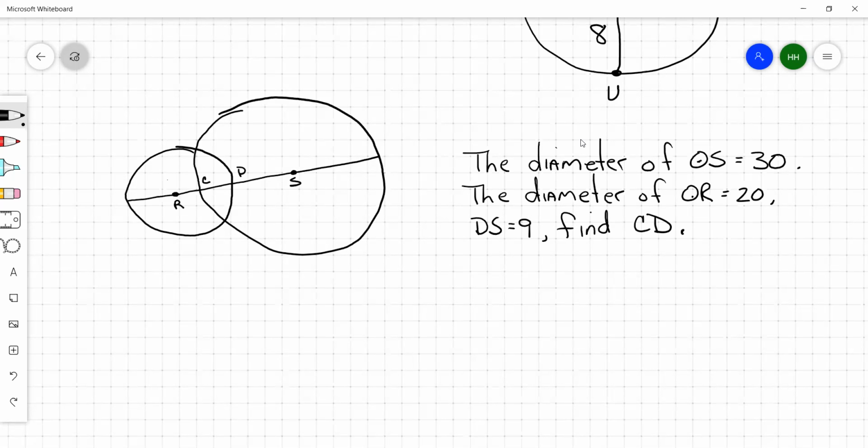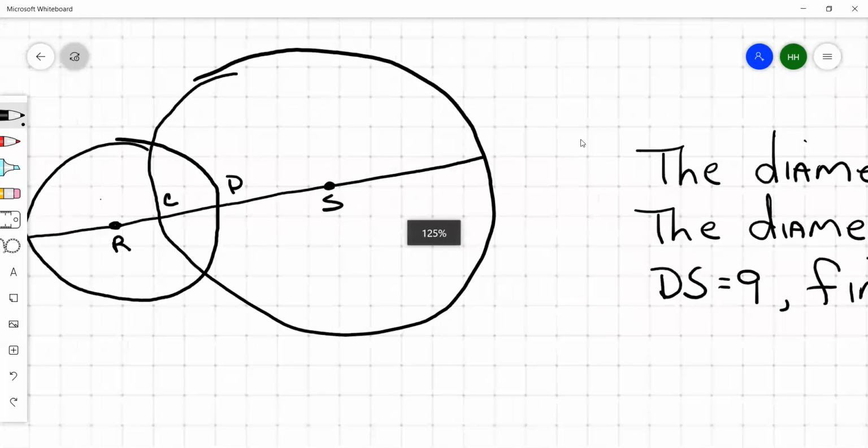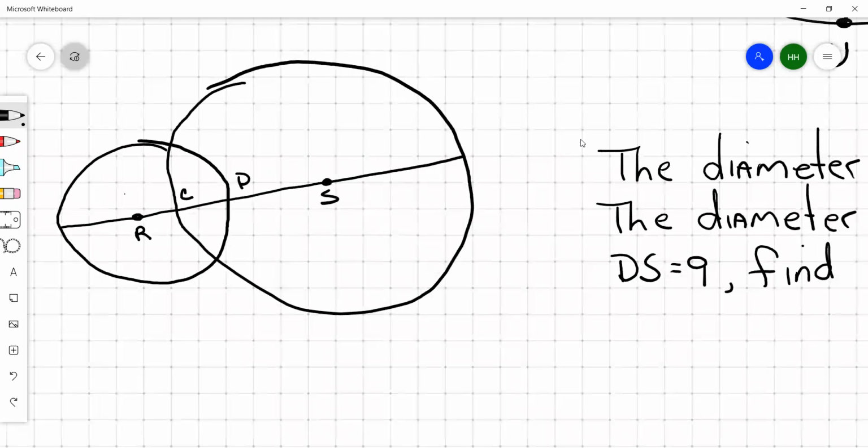So what you've got here, it's a lot easier when I can blow it up. The diameter of circle S is 30. So do you see this distance right here, S to C? If the diameter of the big circle is 30, how far is it from S to C?